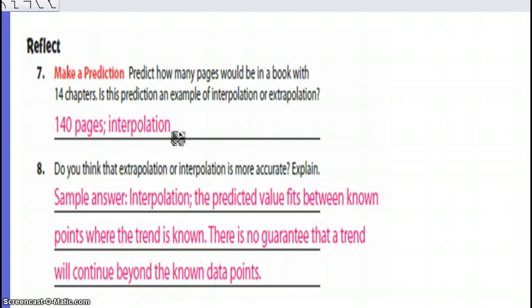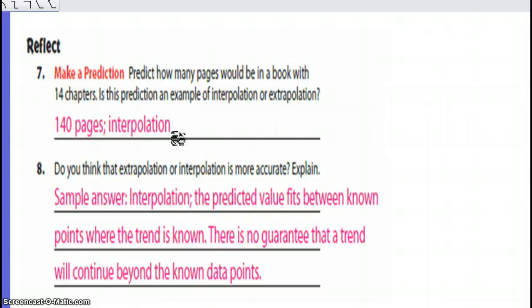Now it says, do you think that extrapolation or interpolation is more accurate, and explain? Well, since we can use that trend line to predict, we see that data. So interpolation would be more accurate, and the predicted value fits between what we know. We know what the values are, and we know where the trend is going because we can literally see it.